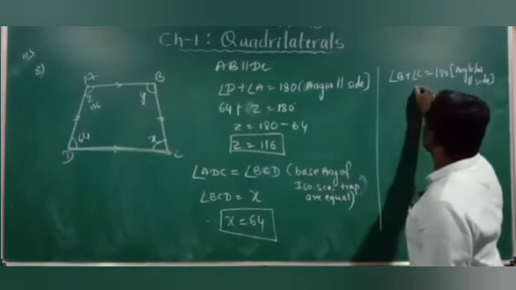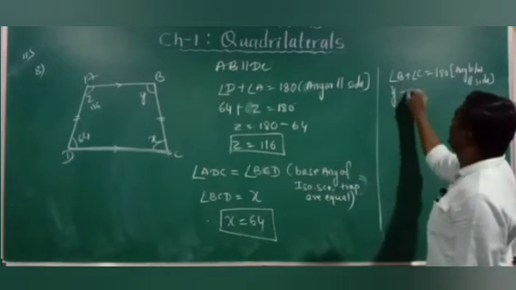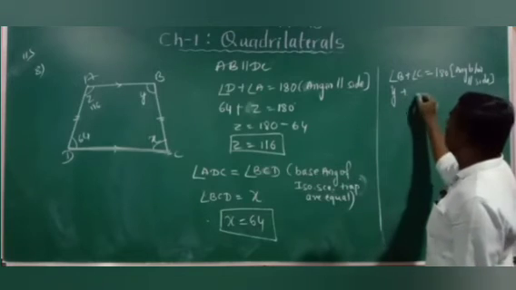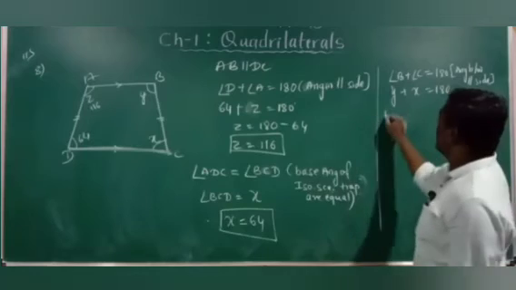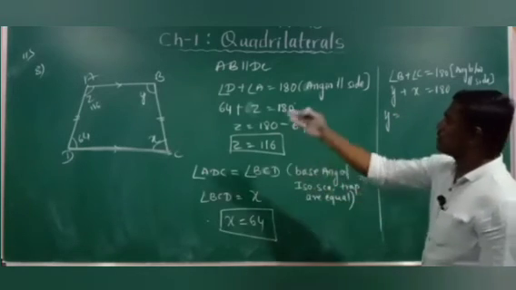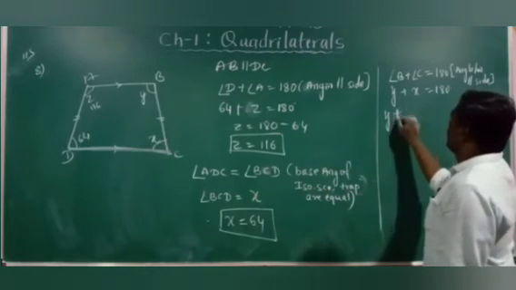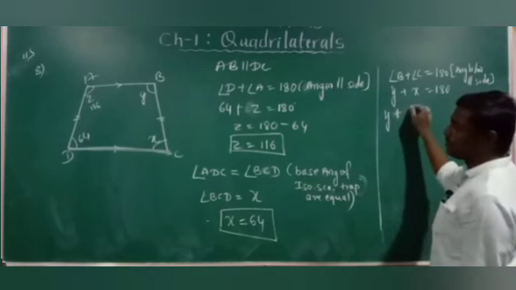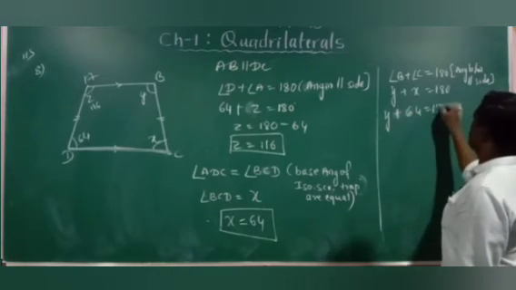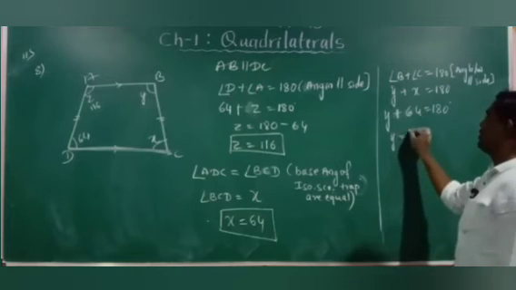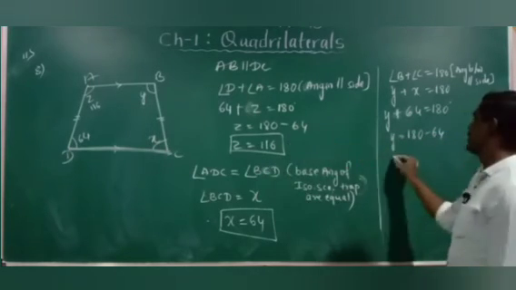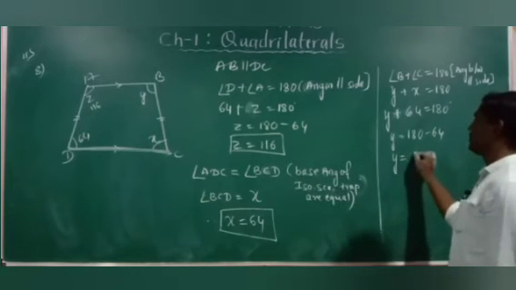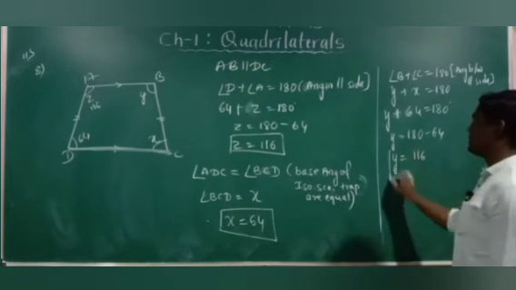Angle B is y and angle C is x, so y plus 64 is equal to 180 degrees. Again y is equal to 180 minus 64, which is 116 degrees.